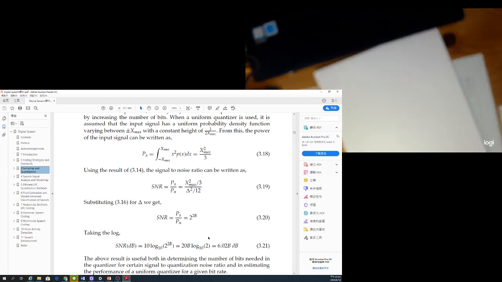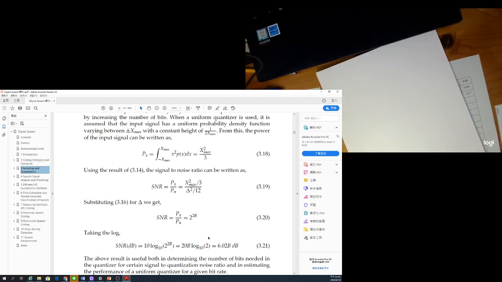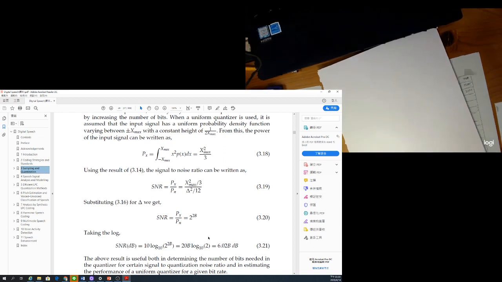You should keep this well in mind and try to remember it. For a given probability density function, you can improve the performance just by increasing your quantization bits. Maybe from 4 bit to 5 bit to 6 bit, increasing 1 encoding bit will double your quantization level, so you will increase the signal to noise ratio by 6 dB.